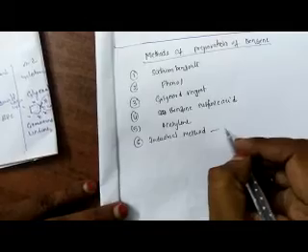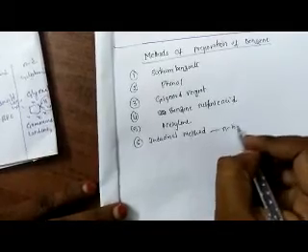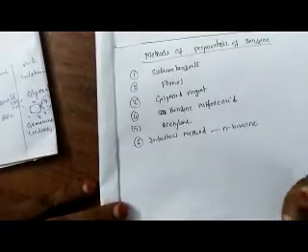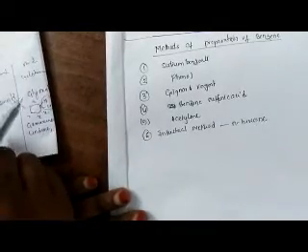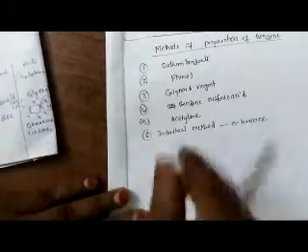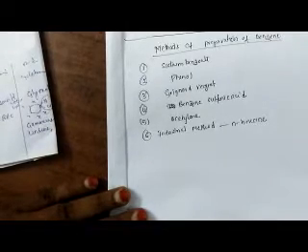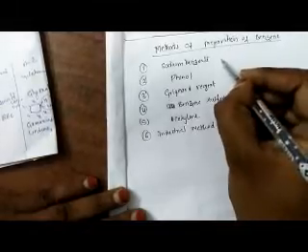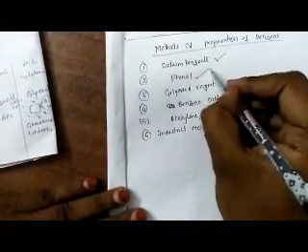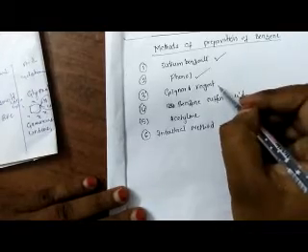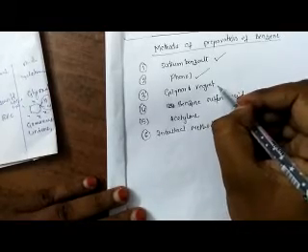Industrial method, benzene can be prepared from N-hexane. So these are the different ways. Other methods are also available, but in the literature these are the best six methods for the preparation of benzene. The first is from sodium benzoate, the second from phenol, and the third from the Grignard reagent.